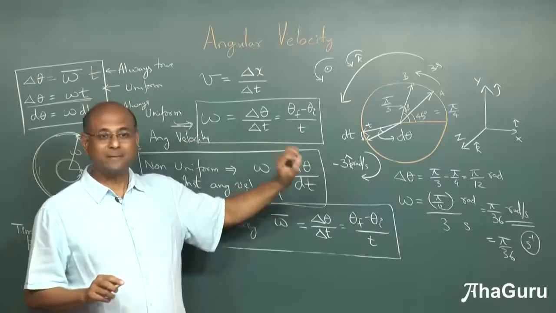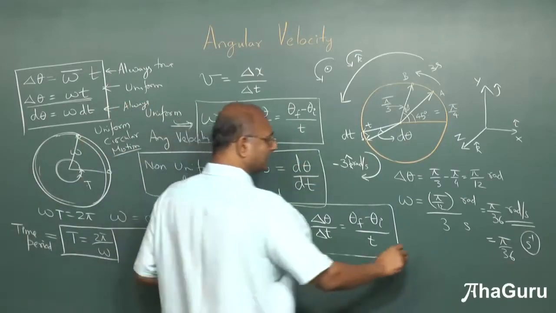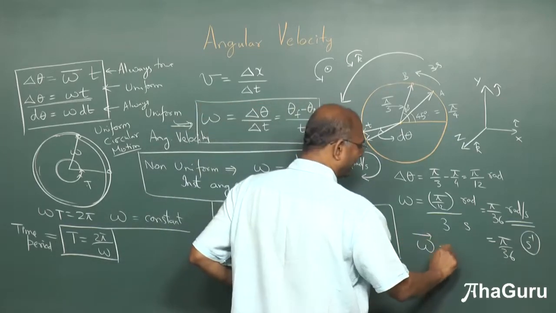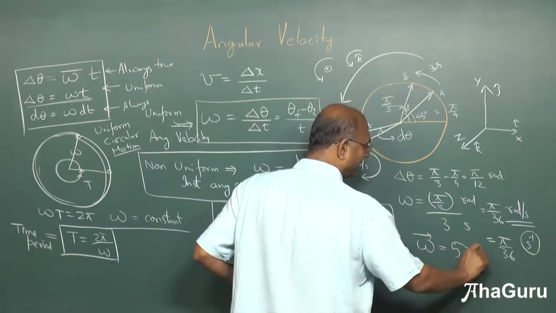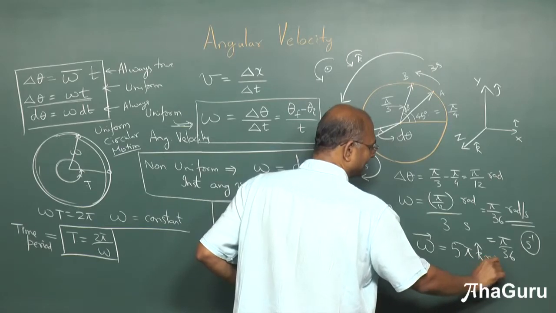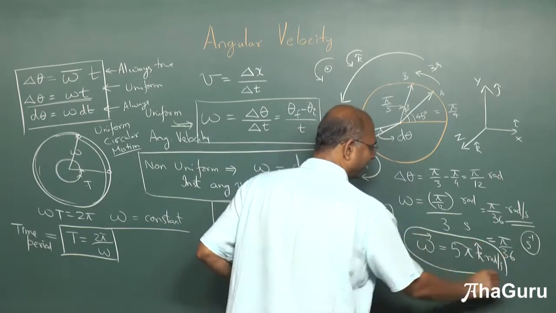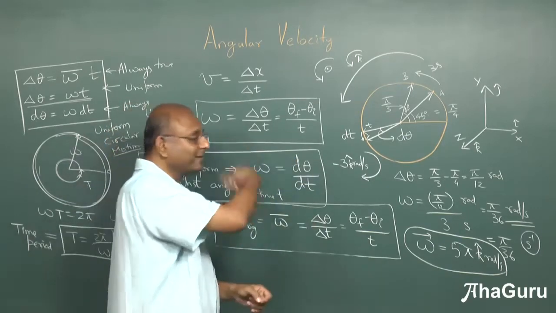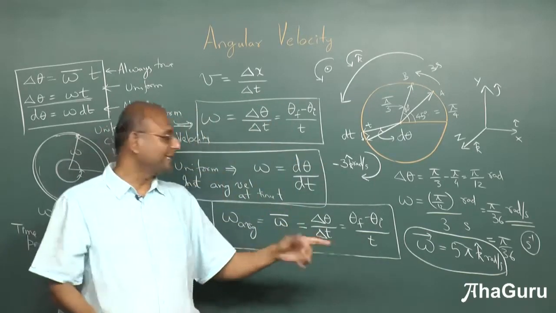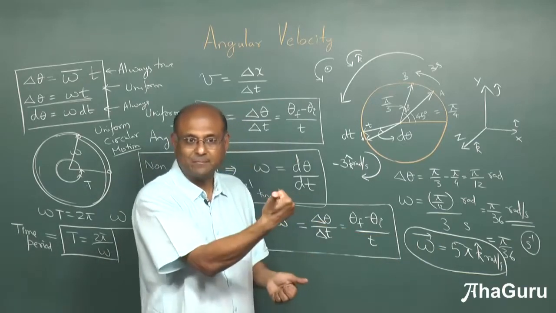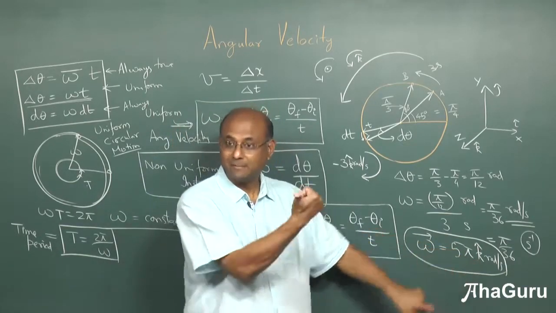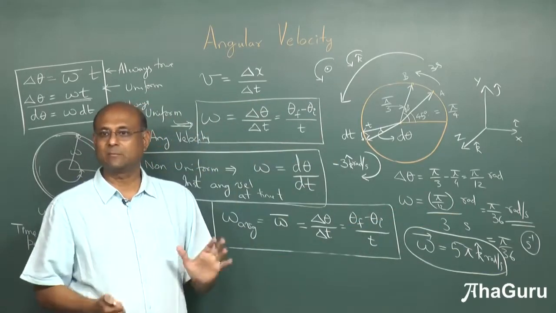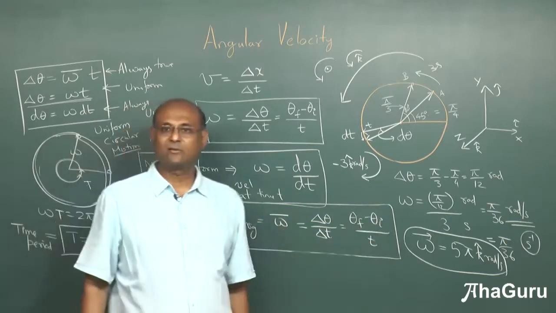Just remember that sometimes, instead of being given that it is going clockwise or anti-clockwise, somebody may say, hey, omega is 5 pi k cap radians per second. So what are they saying? In a complicated, messy way, they are now telling you that the object is going in the anti-clockwise direction because omega is pointing this way. Okay? Because omega is saying k cap is that direction. So it is going in the anti-clockwise if I think of it in terms of the board. So that's all. That's the only reason you need to know this.